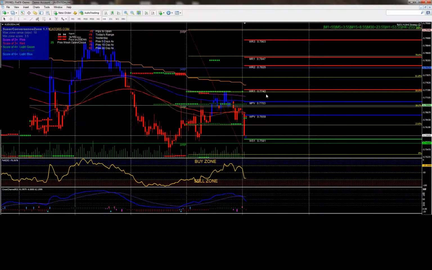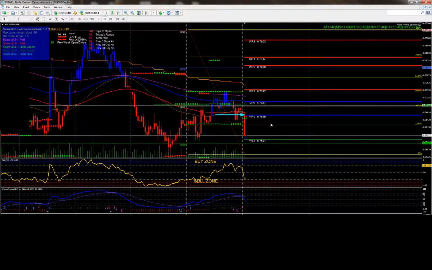AUDUSD, basically the same thing. We had the 4-hour 200, which we couldn't get above, and the daily 55 looming just above that. And of course, we've had the move south from the 4-hour 200 after a couple attempts at it. We've had a pretty big move away from the 4-hour 55, but I'd like to see a pullback at least to the weekly pivot for a continuation of the short.